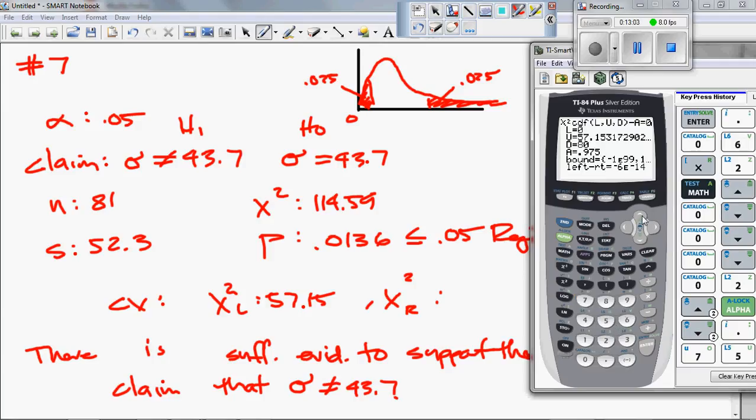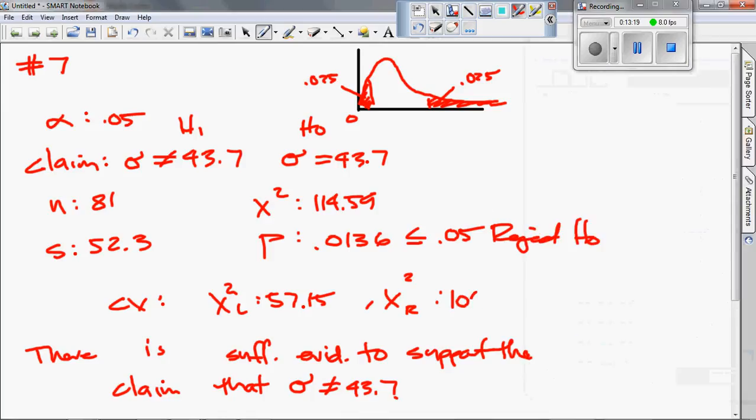And go back up to the upper boundary. Hit alpha, enter to solve for that right tail critical value, which is going to be 106.63. Alright, so we're all done with that problem.